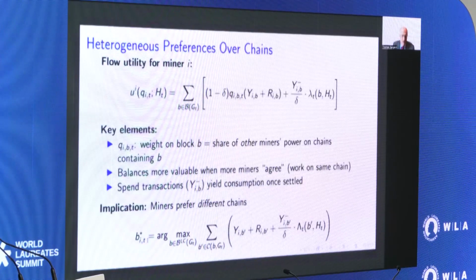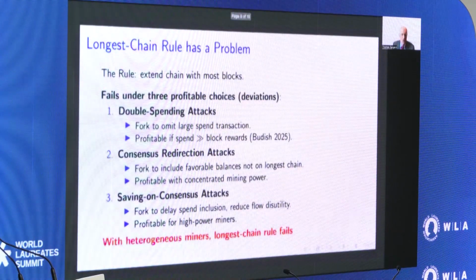Okay. So then the longest chain rule, which is widely used, has a problem. What's the rule? Extend the chain with the most blocks. That's what's supposed to be done. It fails under three kinds of profitable deviations from the equilibrium. It's profitable for people to deviate from the equilibrium, which means it's going to break the equilibrium.